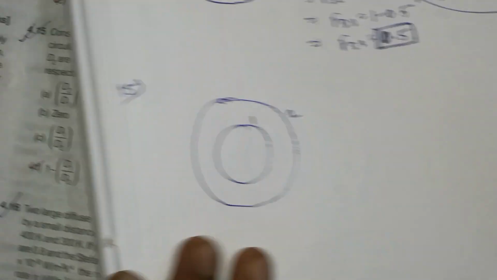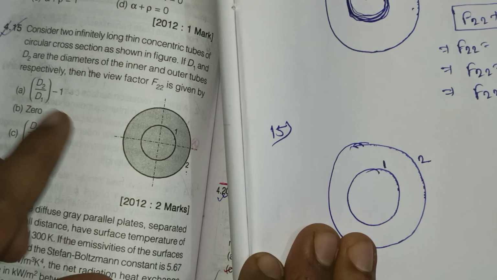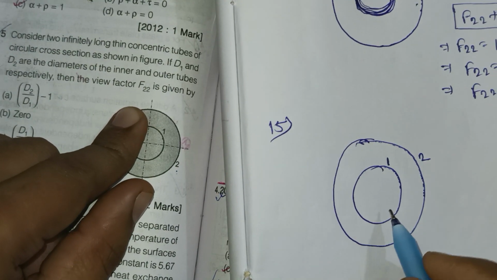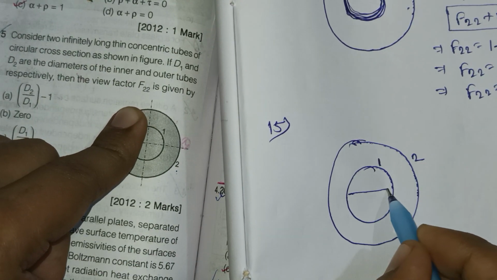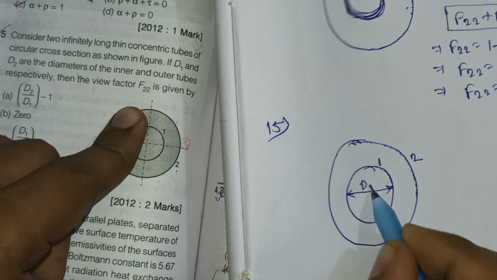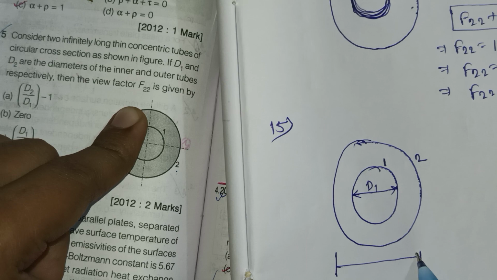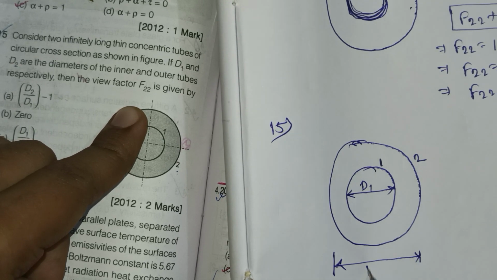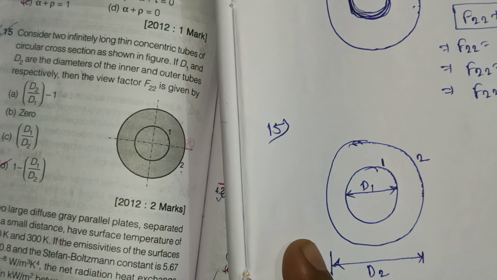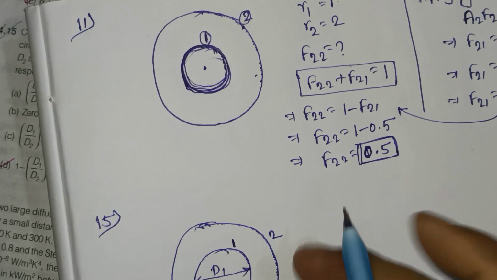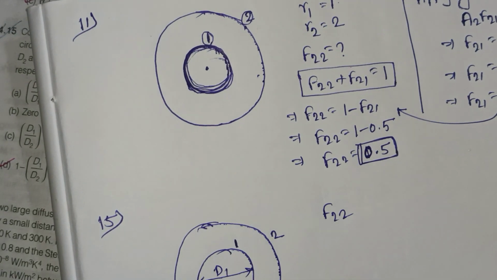The inner diameter is D1, and the larger diameter is D2. So you have to find out the value of F22.